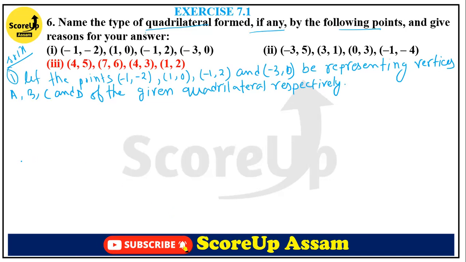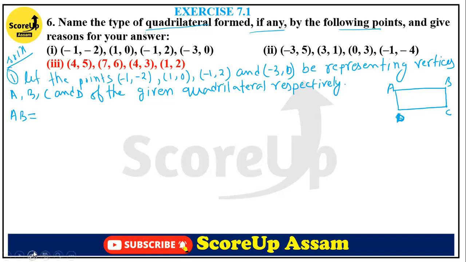So now let's check their lengths, and let's check the diagonal. Suppose let me draw it, just to give you a clear concept. A, B, C, this is our D. Okay, so now the length of AB.